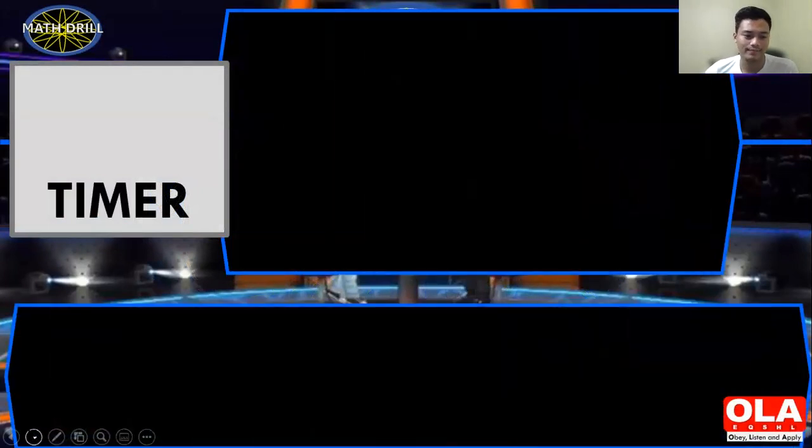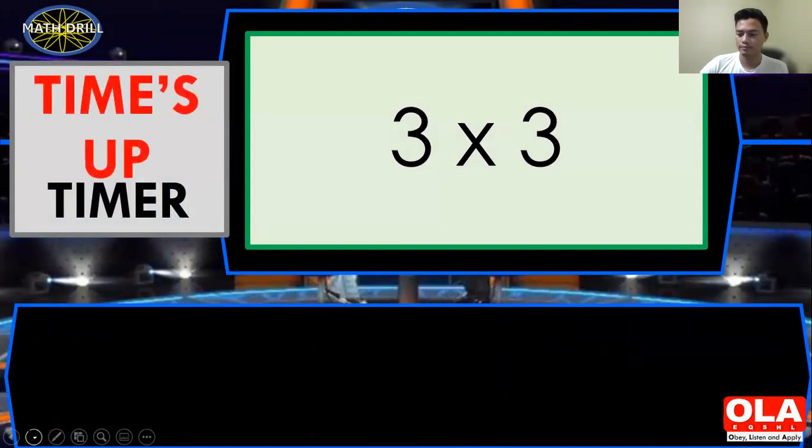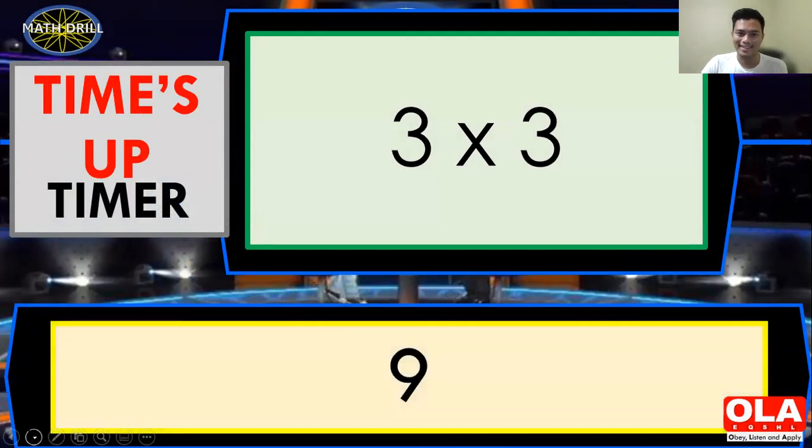What is 3 times 3? Okay, 3 times 3, the answer must be 9.